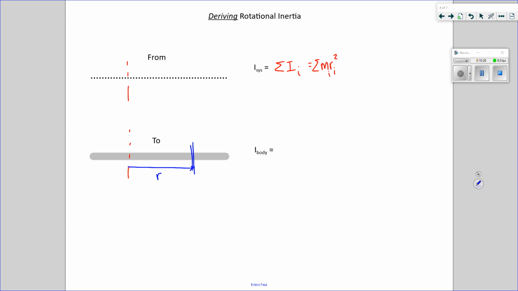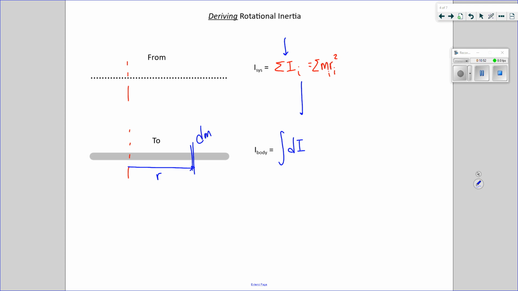It has a mass, but that mass is really, really small, infinitely small. So this turns into not the sum of all discrete measurable rotational inertias of objects, but the sum of all the infinitely small rotational inertias of the things that make this up.